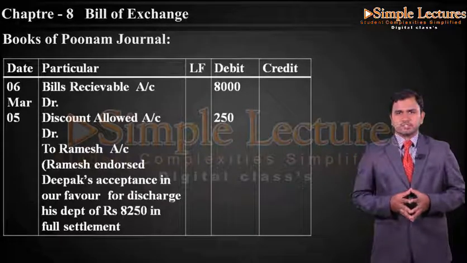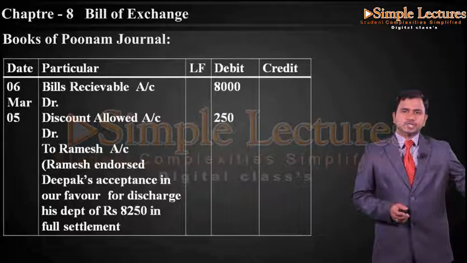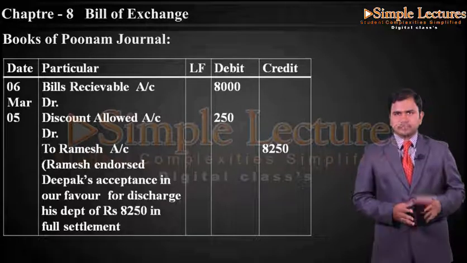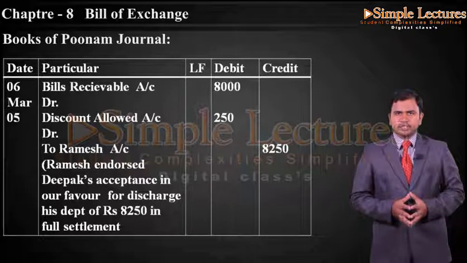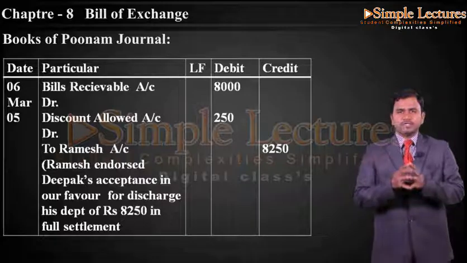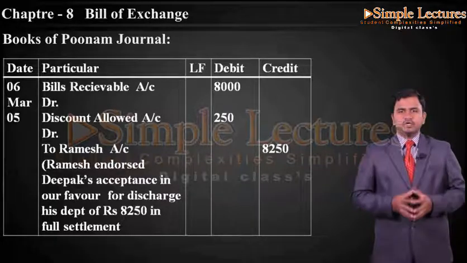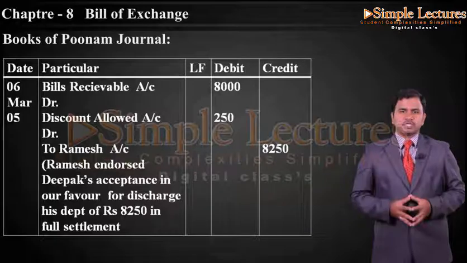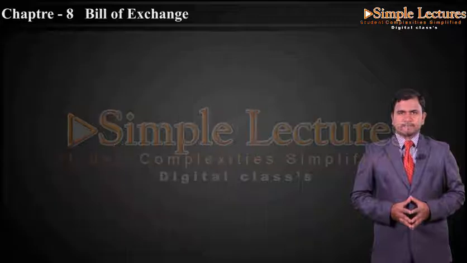Since it will be an expense to Poonam, the entry has been debited. Ramesh Account is credited 8,250, since the payment has been made by Ramesh. The narration will be: Ramesh endorsed Deepak's acceptance in favor of Poonam for discharge of his debt of rupees 8,250 in full settlement.